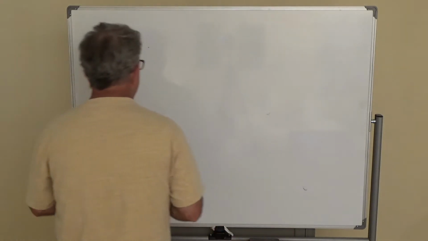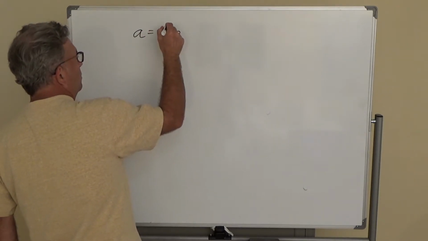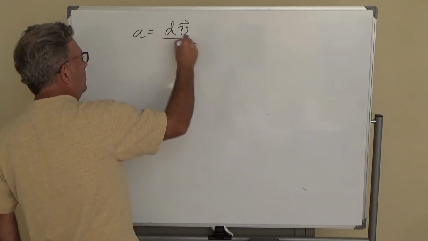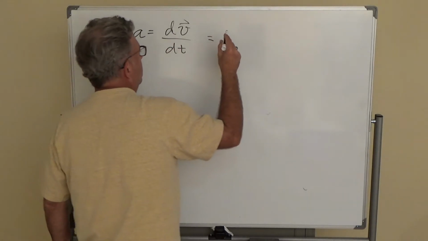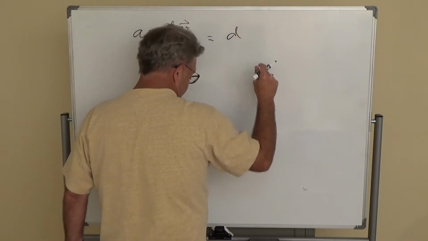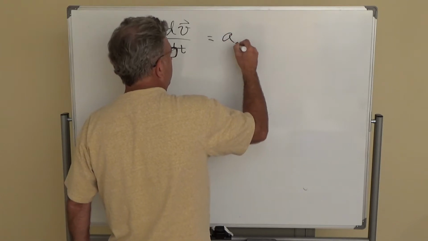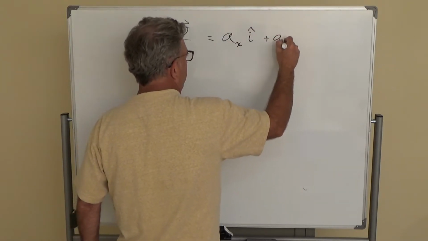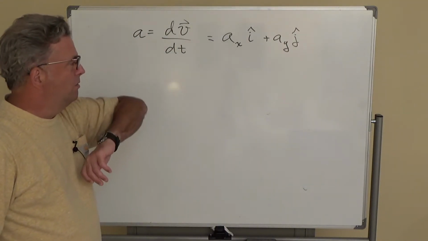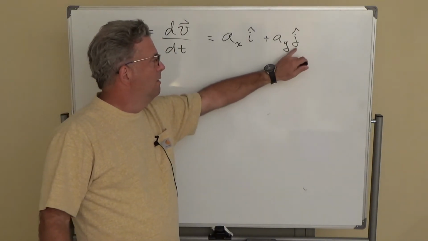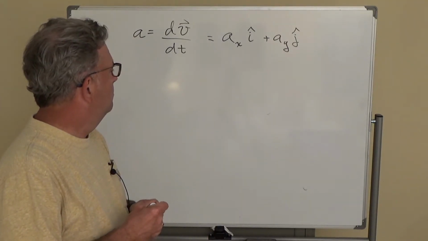Acceleration is equal to dv/dt, and that's equal to, I'm just going to write it as ax i hat plus ay j hat. It's just the acceleration component in the x direction, the acceleration component in the y direction.